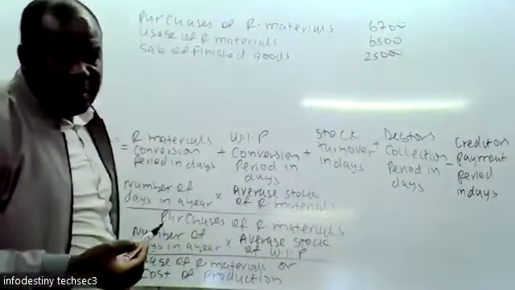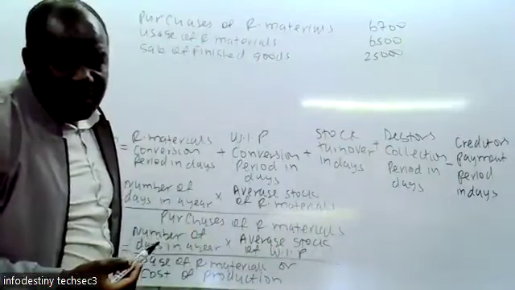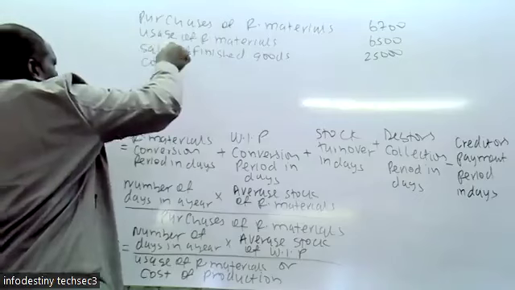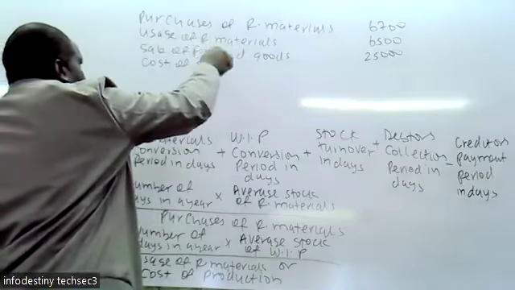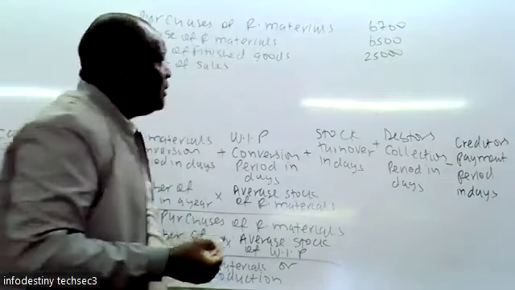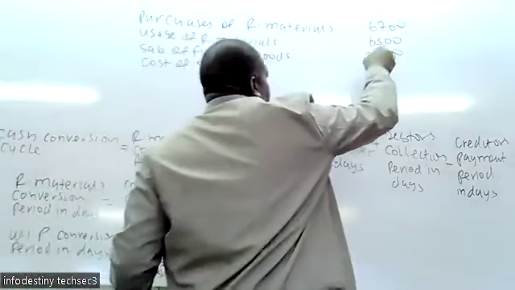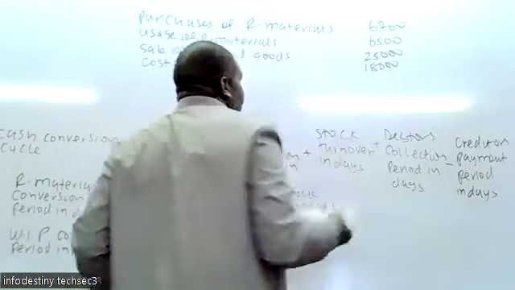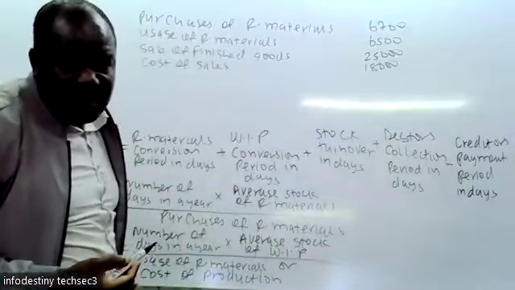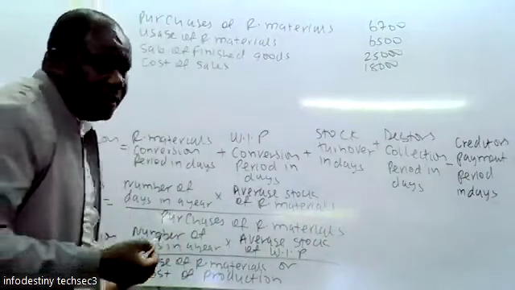The next one is supposed to be cost of sales. When it comes to the cost of sales, this one is 18,000.